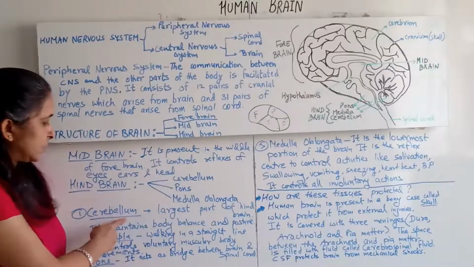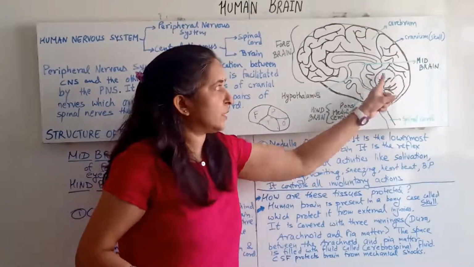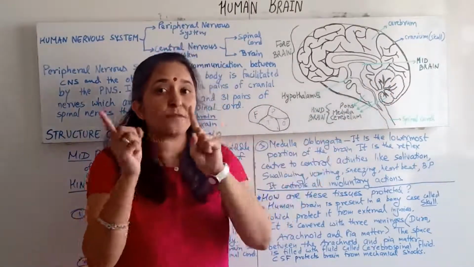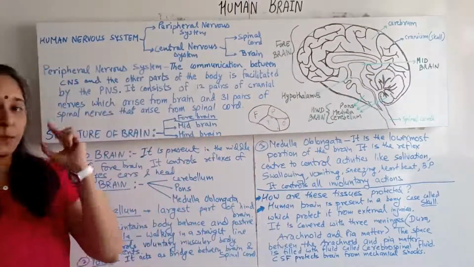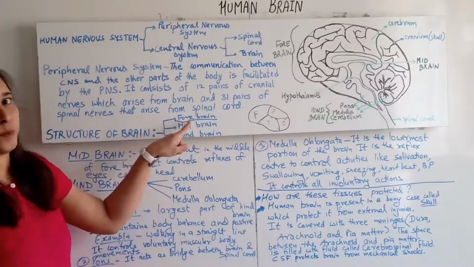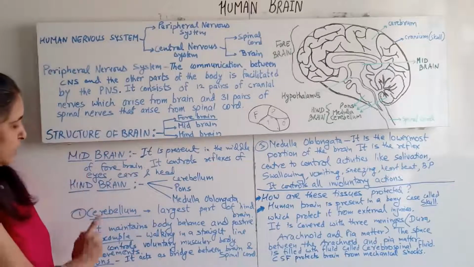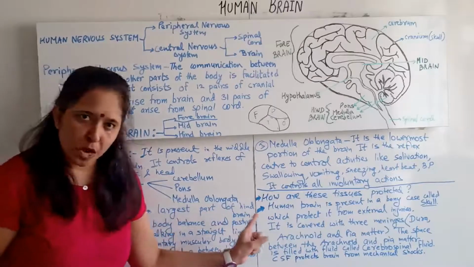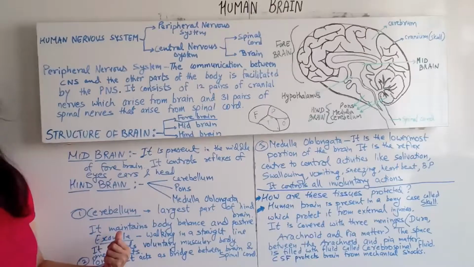Now the cerebellum is the largest part of the hindbrain. You can see. Don't be confused: cerebrum is the part of the forebrain and cerebellum is the part of the hindbrain. So it is the largest part of the hindbrain. What is its function?